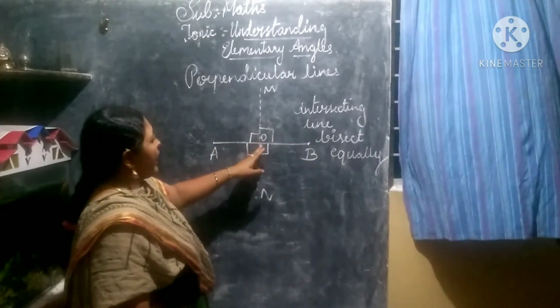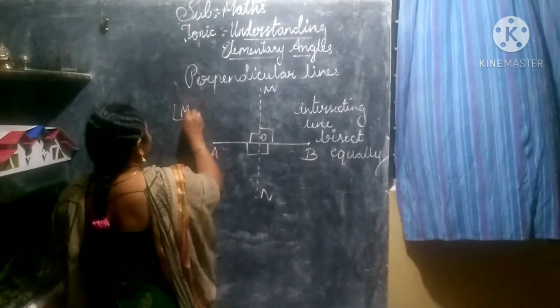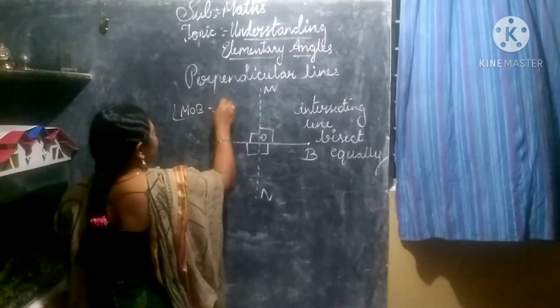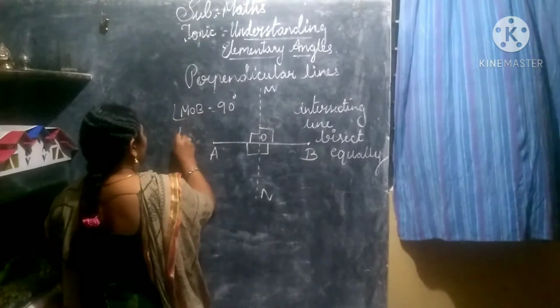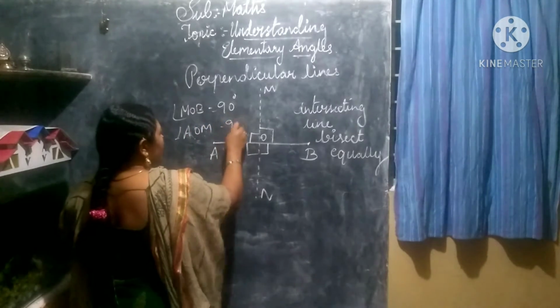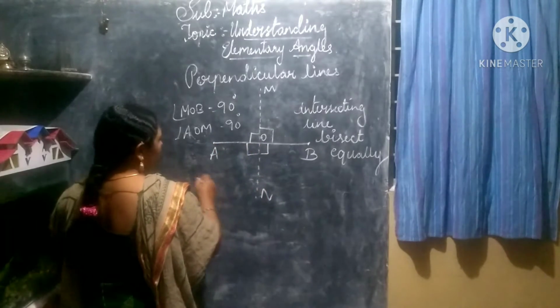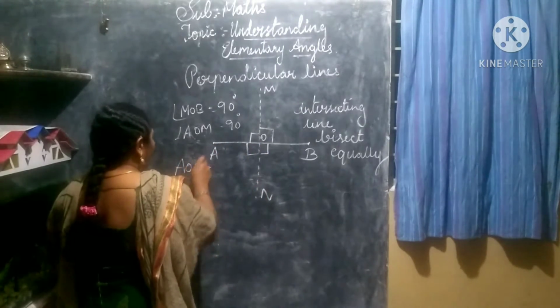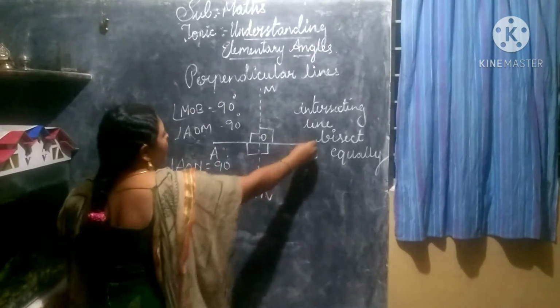If you take the angle MOB, it is 90 degrees. Take AOM, again it is 90 degrees. Take AON, 90 degrees.